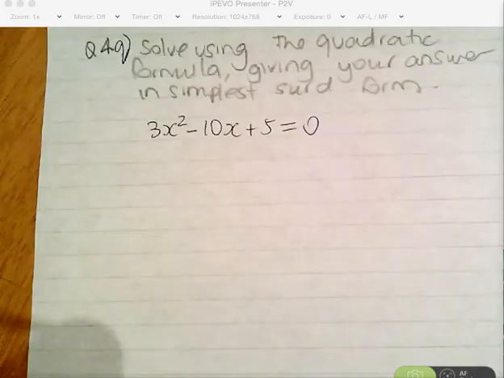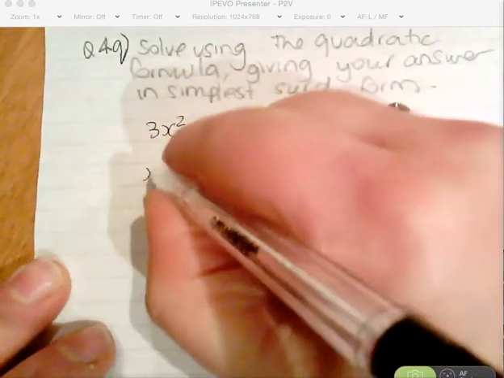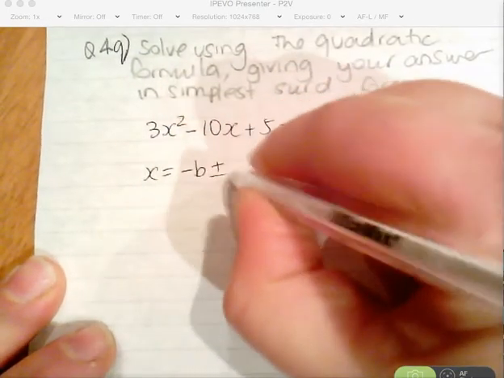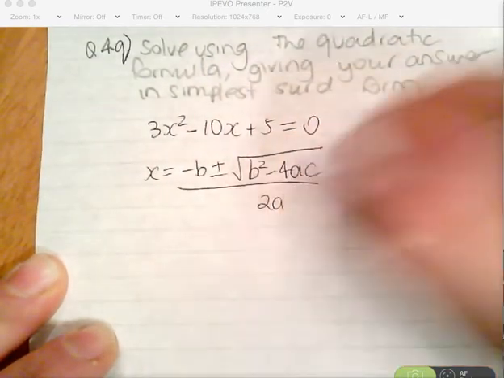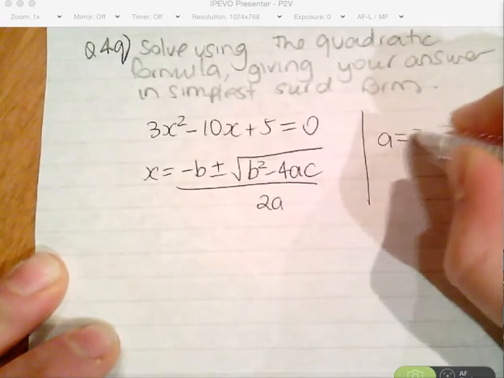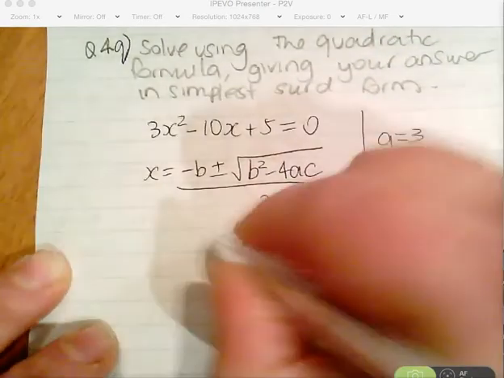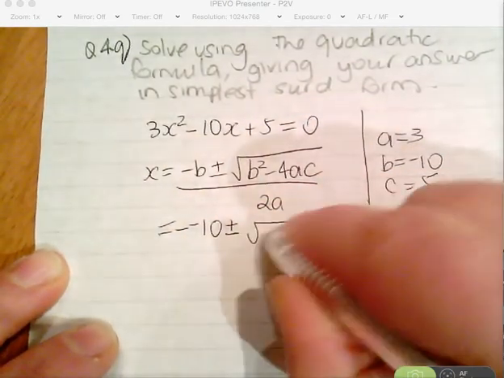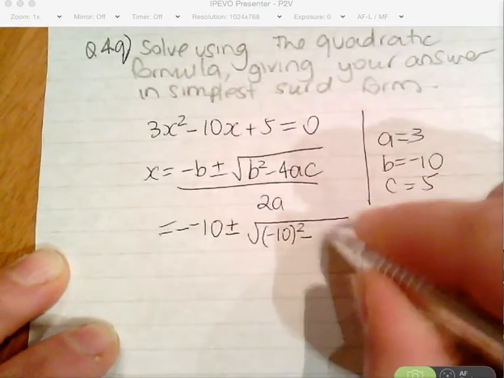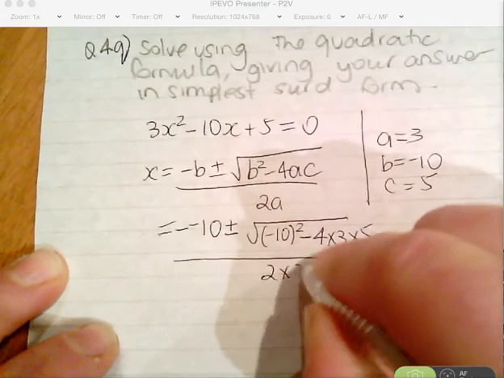The last question, question 4Q, solve using the quadratic formula, giving your answer in simplest surd form. Here is our equation. So we know that x is negative b plus or minus the square root of b squared minus 4ac over 2a. We know that a is 3, b is negative 10, and c is 5. So we've got negative 10. Plus or minus the square root of negative 10 squared minus 4 times 3 times 5 over 2 times 3.